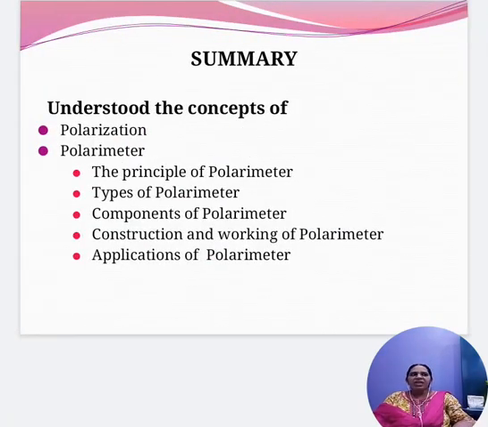So to summarize our topic of discussion today, we have understood the concept of polarization. Polarization is a phenomenon that is caused due to the wave nature of electromagnetic radiation.